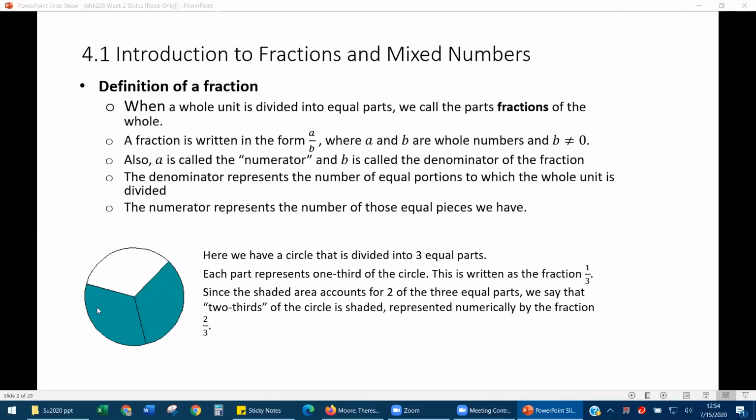So we have this circle here. If we cut it into 3 equal pieces, then the denominator would be 3. 2 of the pieces are shaded, so we would say 2 out of the 3, or 2/3 of the circle, is shaded. 1 piece is not shaded, so we would say 1 out of the 3, or 1/3, is not shaded.